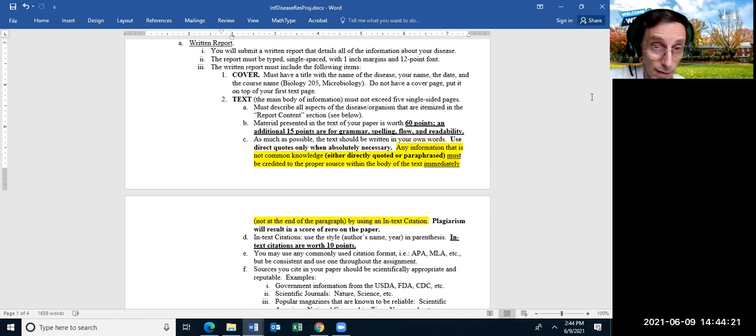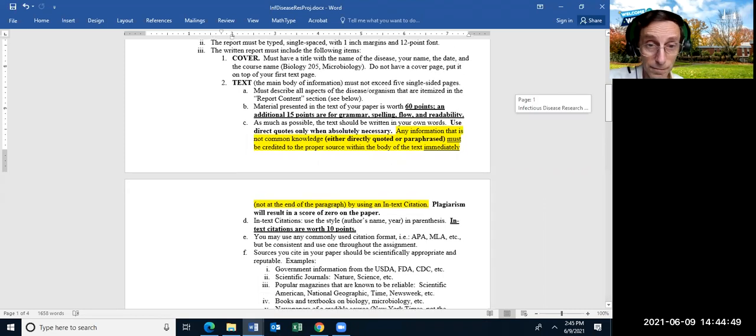Anything you use from another source directly, you got to put it in quotes and say where you got it from. And then furthermore, if you do that, that should be one of your references. Okay, so you should have an in-text citation for that information, and then have a full text citation at the end. Plagiarism will result in a score of 0 on the paper.